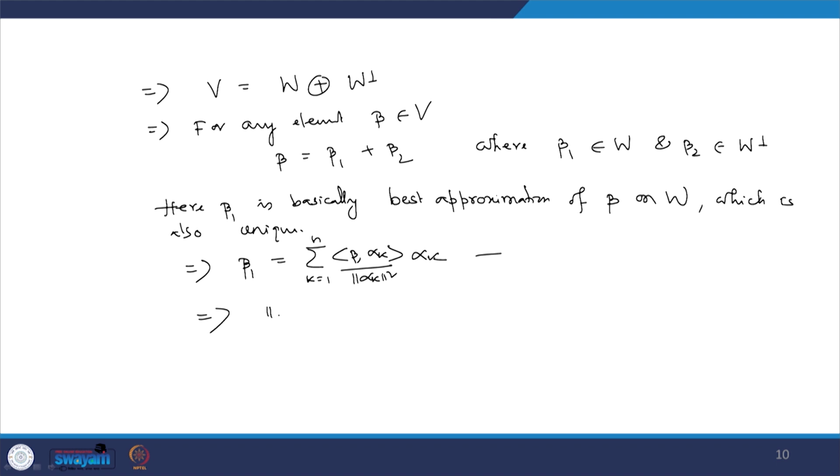Now, the norm of beta squared is equal to the norm of beta 1 plus beta 2 squared.